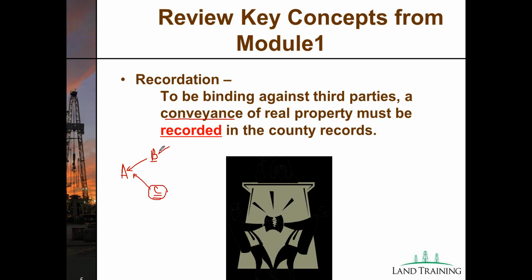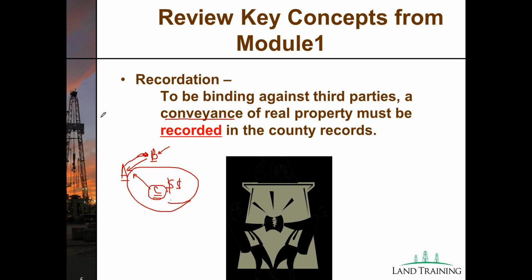And the answer is C. Even though I signed that lease with B first, because C recorded first, C is the owner of the oil and gas lease. Now look, B has a cause of action against me because I breached the contract with B. But whatever damages B is going to get as a result of the breach of contract is going to pale in comparison to the millions of dollars that C is going to make because C is the owner of the land.